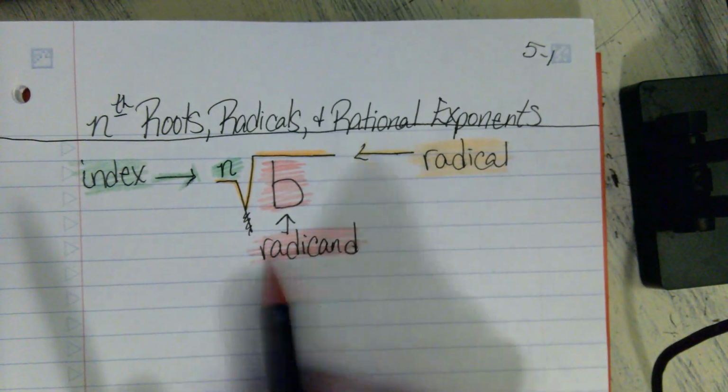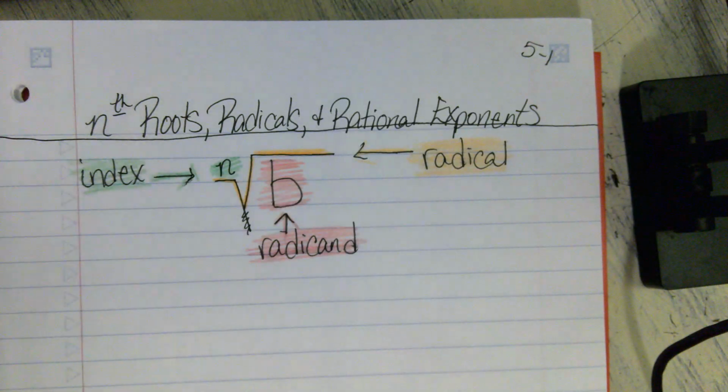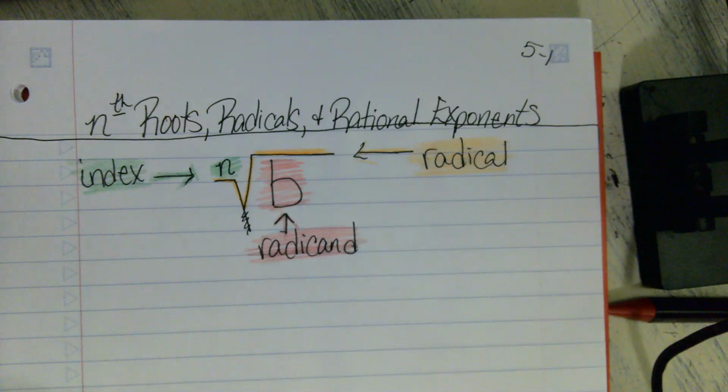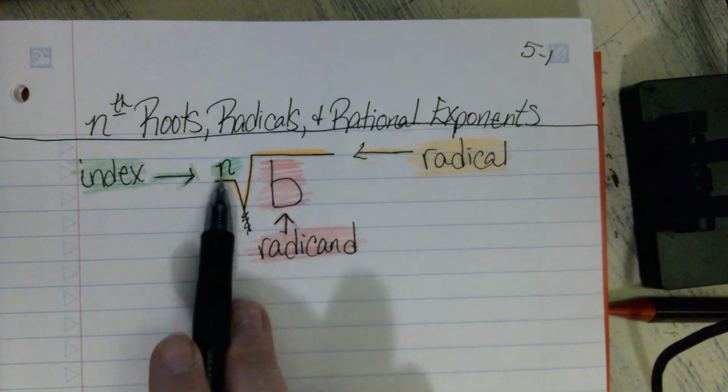A lot of fancy vocabulary words here. Sometimes the radicand can have an exponent, and we'll get to that as we go. So when I ask what groups are we looking for, are we looking for groups of 2s, 3s, 4s, we're going to be looking at the index.